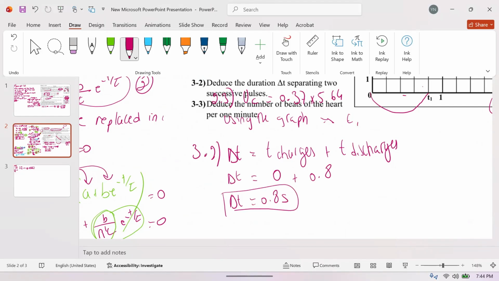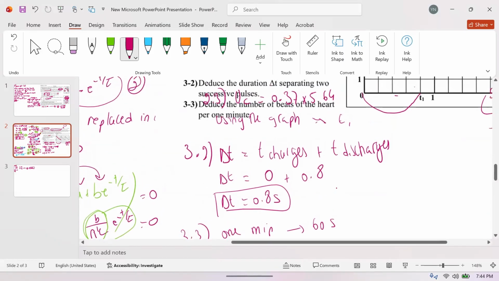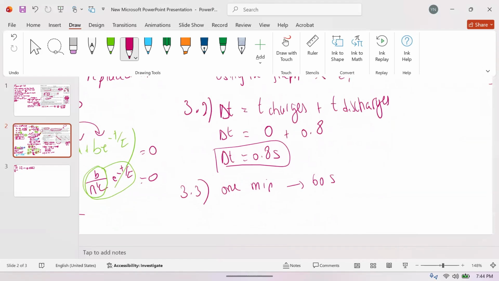Deduce the number of beats of the heart per 1 minute. When they say 1 minute, they mean 60 seconds, right? And it's logical more than a formula. The number should be 60 divided by 0.8. Because when we're charging and discharging the capacitor, it takes 0.8.